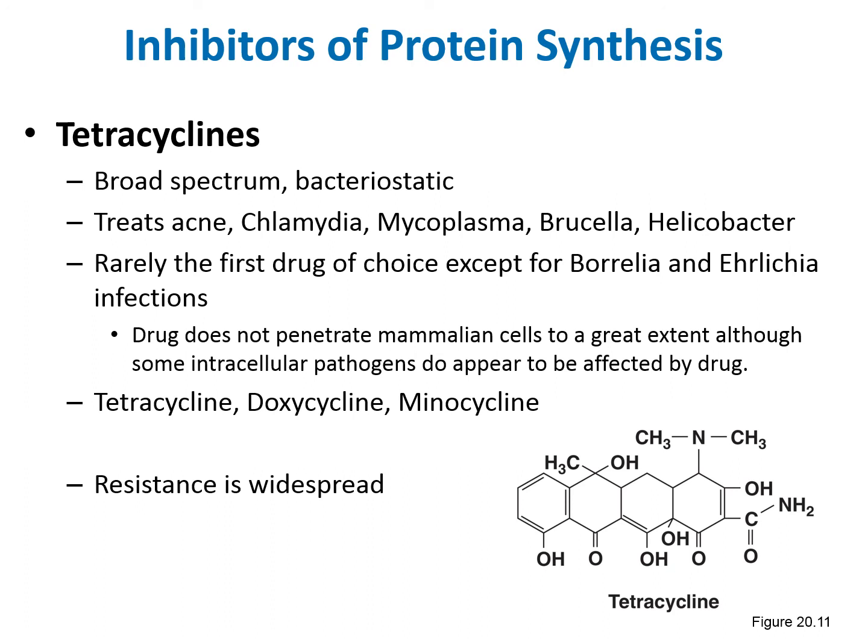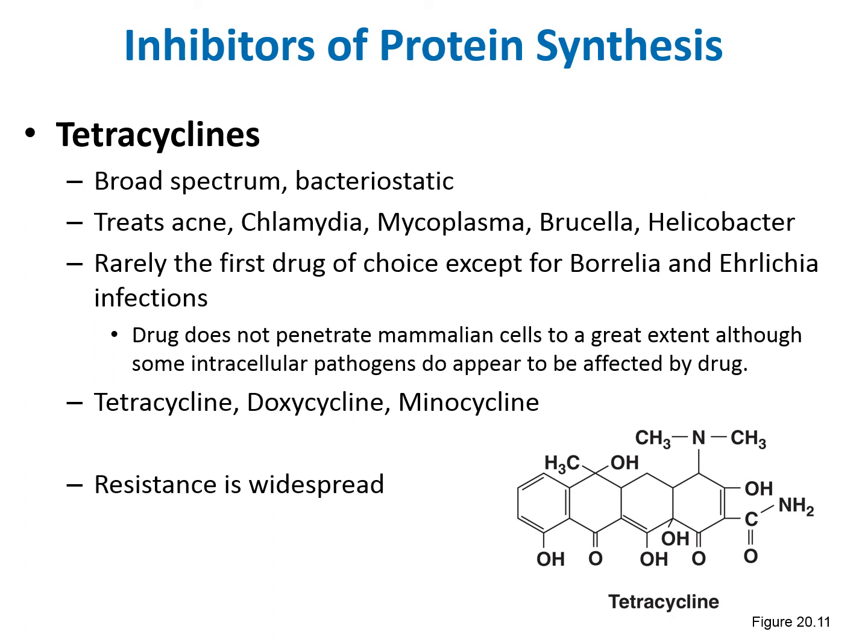Some cases in which tetracyclines get used: at low doses, tetracycline might be used to treat cases of acne or bad acne. It can be used to treat chlamydia infections, mycoplasma infections, brucella infections, and helicobacter infections.